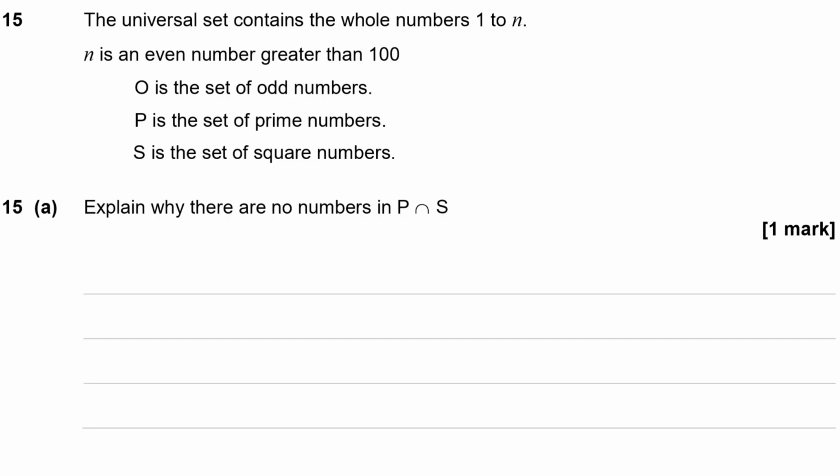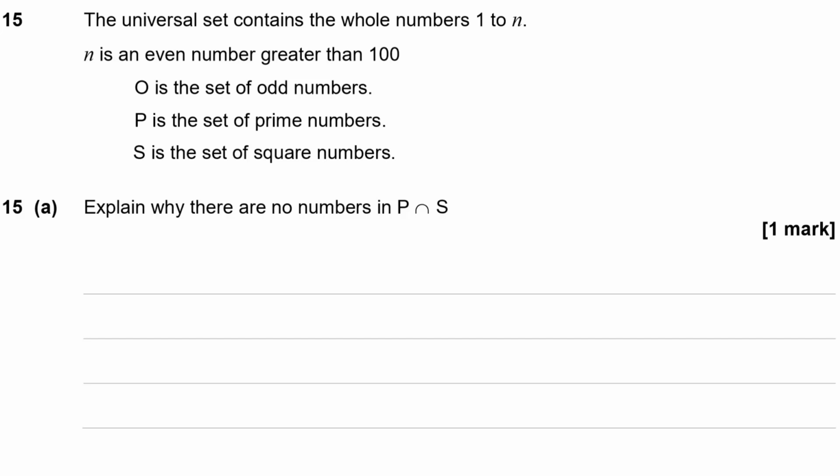Okay, well, are there any prime numbers that are also square numbers? No, because prime numbers have exactly 2 factors, and square numbers, well, they have an odd number of factors, don't they? So you can't have an odd even number. So you can't have any prime squares or square primes. So I'm going to write that down.